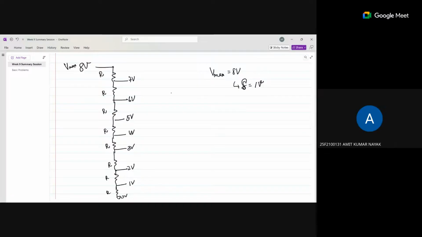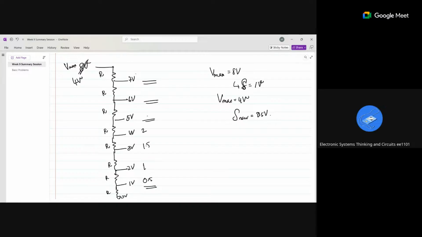Yes, ma'am. If I am changing this Vmax to 4 volts, what is my new delta value? And what is my new step value? It's 0.5, right? So it will not be 1 volt, it will be 0.5 volt, 1 volt, 1.5 volt, 2 volt, 2.5 volt, 3 volt, 3.5 volt, then that is 4 volts.